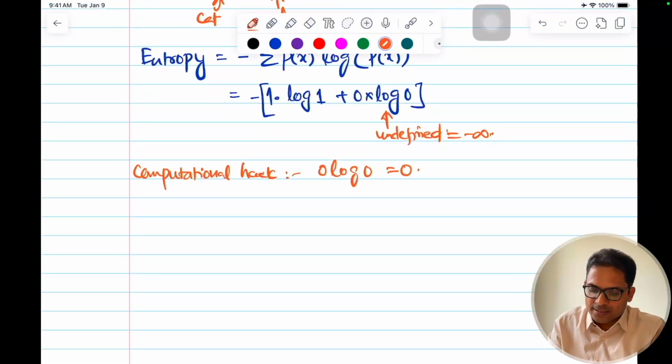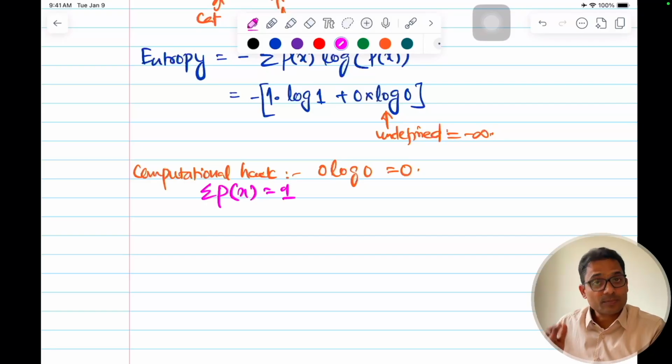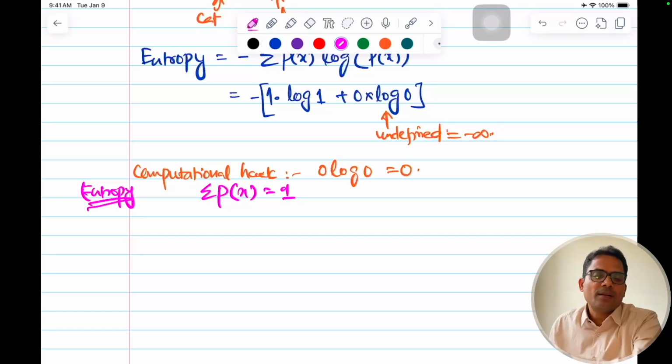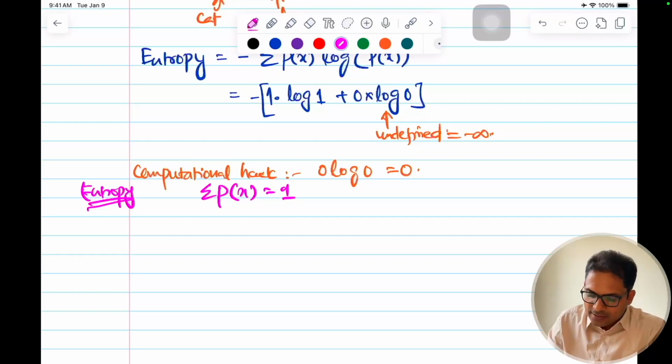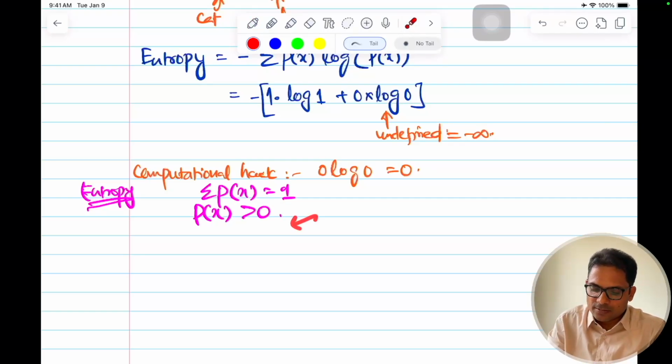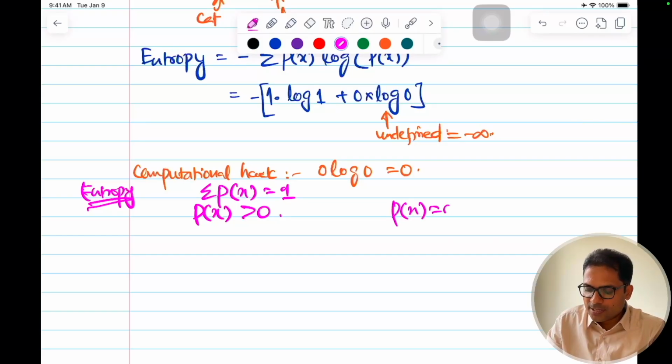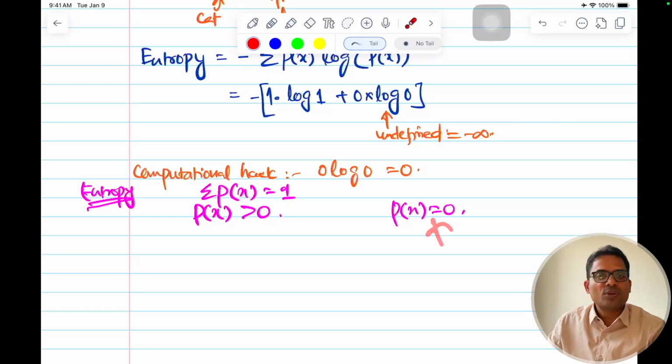In general, whenever we measure entropy, we have a condition that the sum of all the probabilities should be 1, so sigma of P(x) should be equal to 1. Whatever the possible outcomes of that event, the whole PDF or PMF should sum to 1. And generally P(x) is greater than 0, because we don't want to measure values which are impossible or highly unlikely.